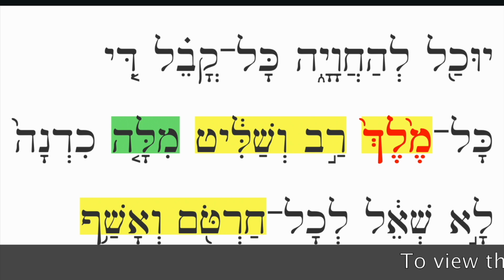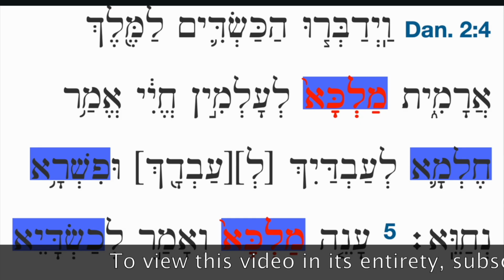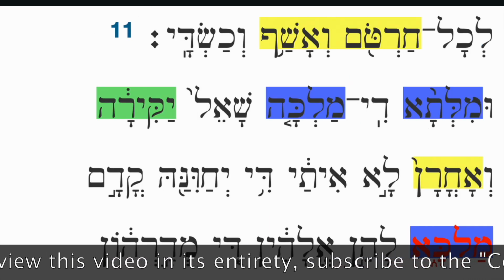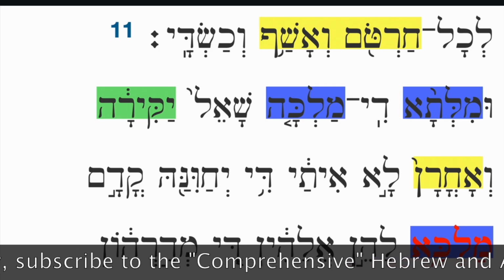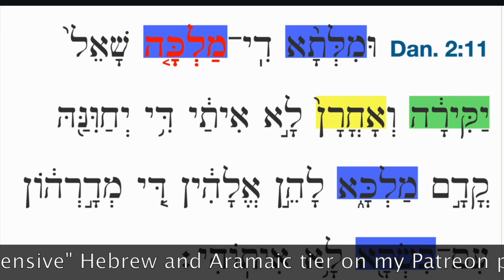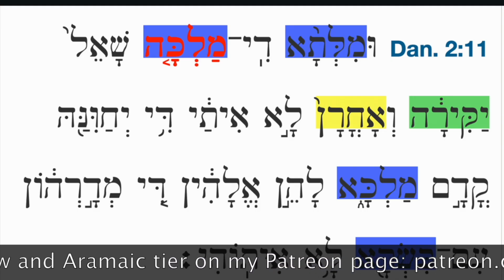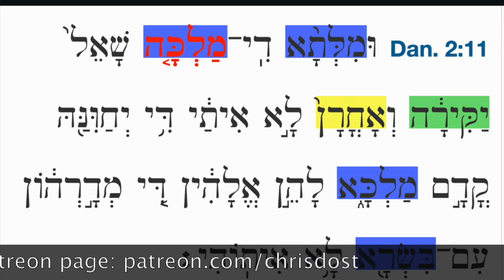So melech becomes malkah in the masculine singular determined state. We see that malkah also occurs in verse 11 as well. The phrase kodam malkah, before the king. But notice that at the beginning of Daniel 2:11, we get the form malkah with a he suffix, kamatz he.